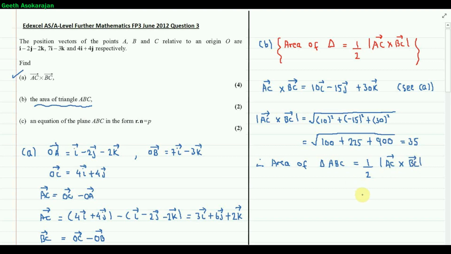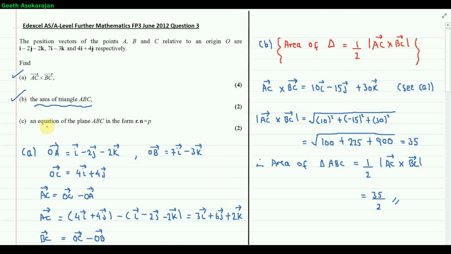If we apply the result that we had in the earlier calculation, modulus of AC cross BC, we had 35. So I'm going to leave it as 35 over 2. So that's going to be the solution for the area of the triangle ABC. So that completes part B.